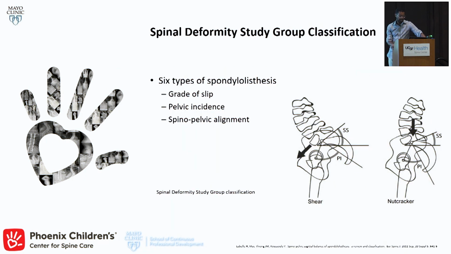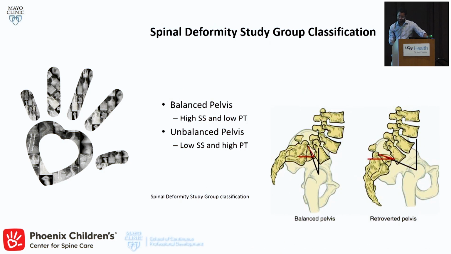The Spinal Deformity Study Group created a classification of 6 different spondylolisthesis types, which takes into consideration the grade of slip, the pelvic incidence, in addition to the spinopelvic alignment. For the low grade slips, the type 1 and type 2, the shear and the nutcracker, it was initially defined for the low PI and the low sacral slope folks.